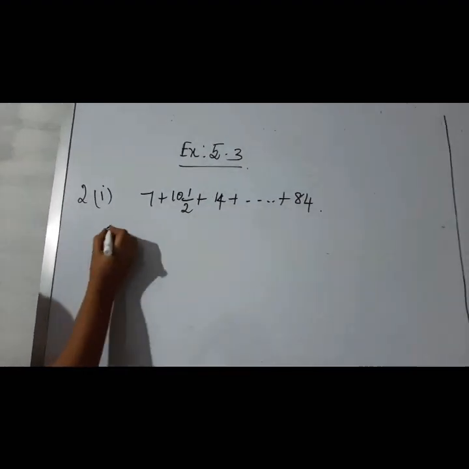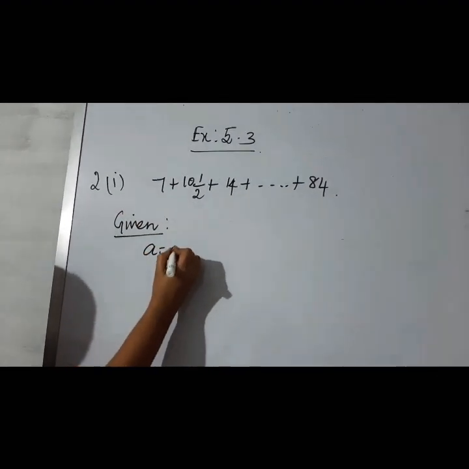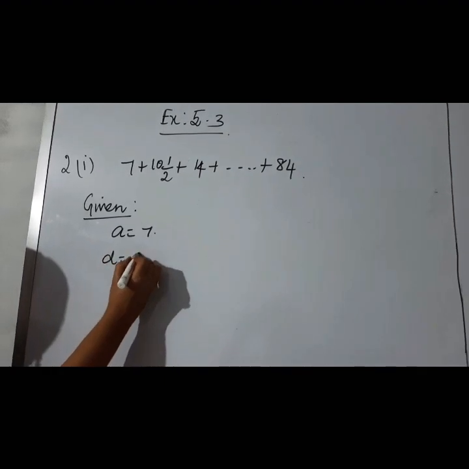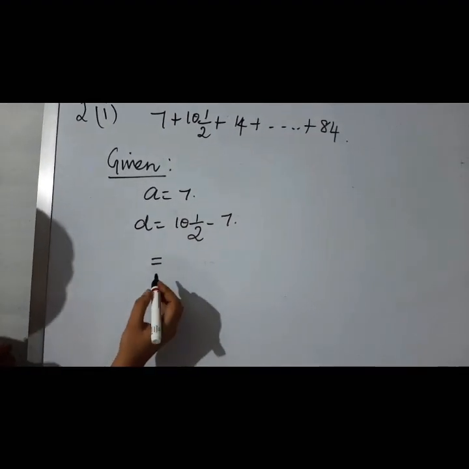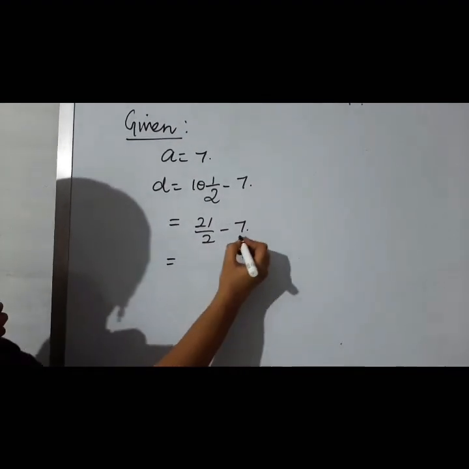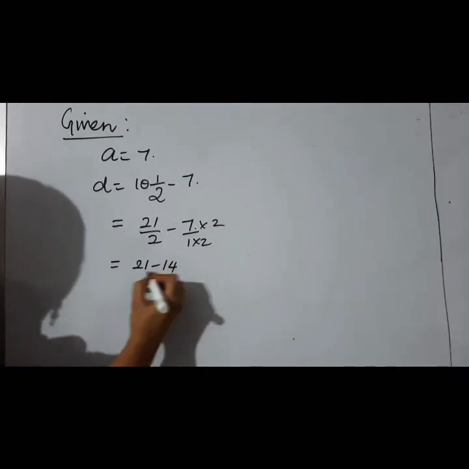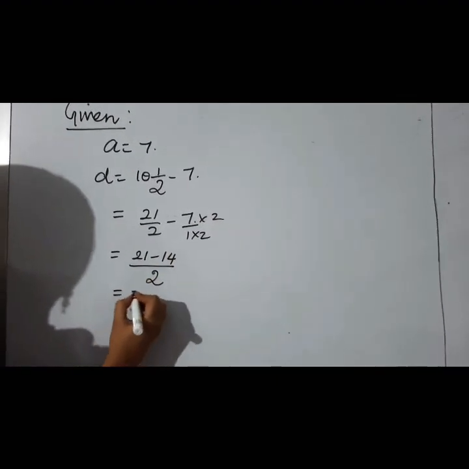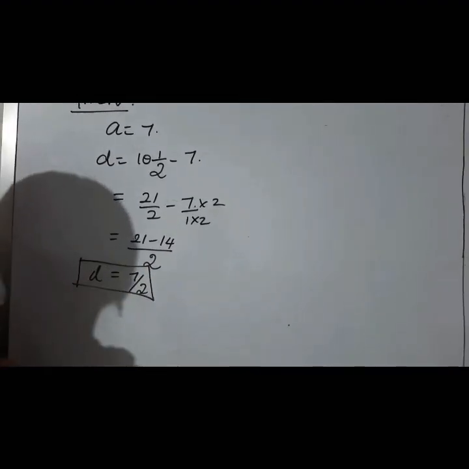So whatever value is given in this sum, a value is 7. d value is second term minus first term, which is equal to 21 by 2 minus 7. When you take LCM here, you will get (21 minus 14) by 2, which is equal to 7 by 2. The value of d is 7 by 2.